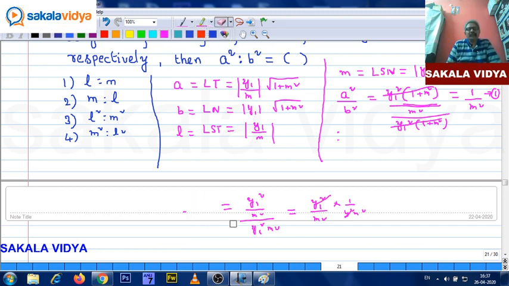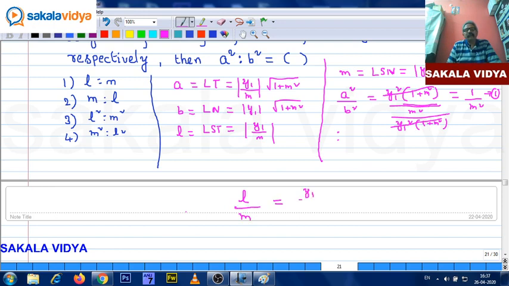Let us try L by M. L is equal to mod of y1 by m, upon M, and M is equal to mod of y1 into m. This is equal to mod of y1 by m into 1 by y1 m.